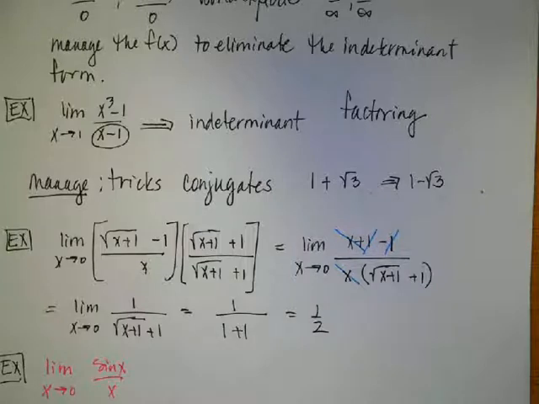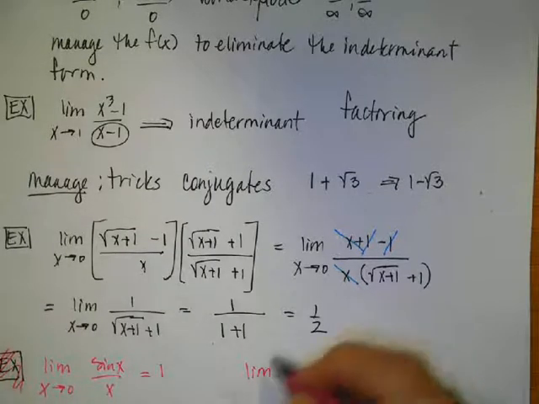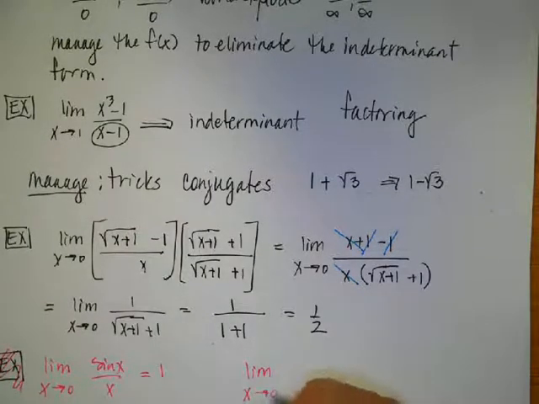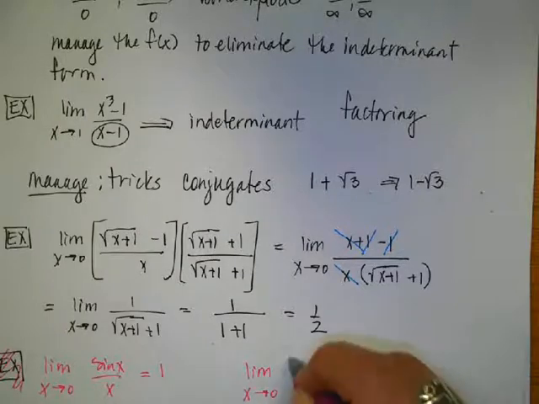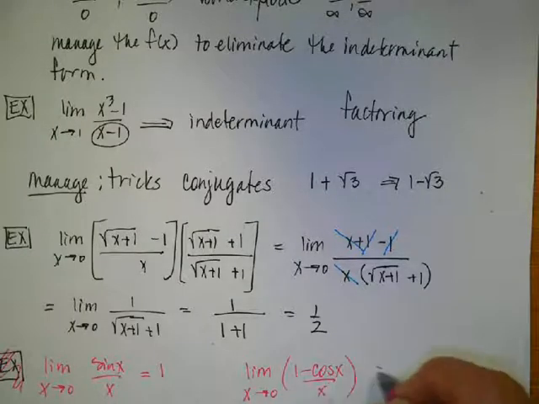This really isn't an example. It's just a, oh yeah, do you remember? The limit as x approaches 0 of 1 minus the cosine of x over x is 0. So those are just two special cases to remember.